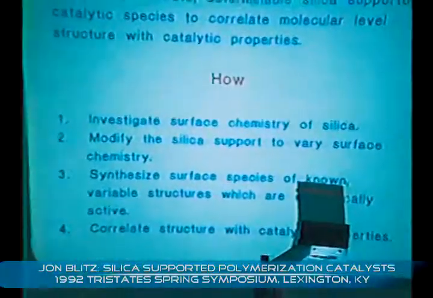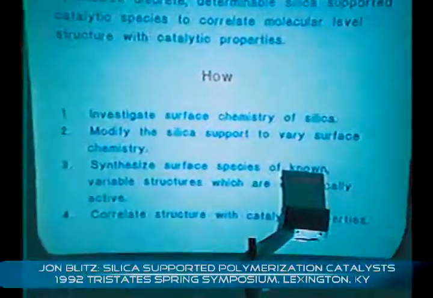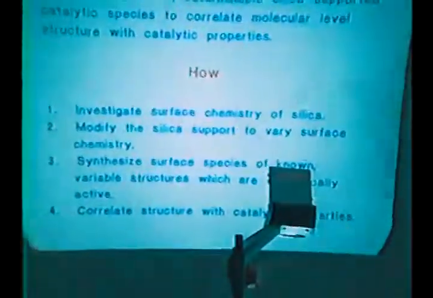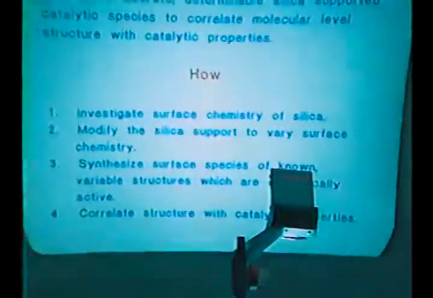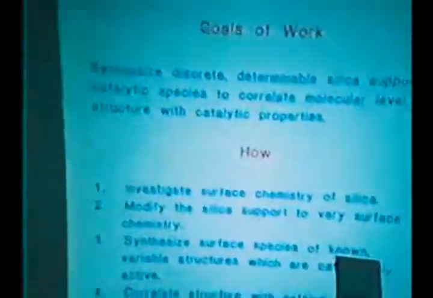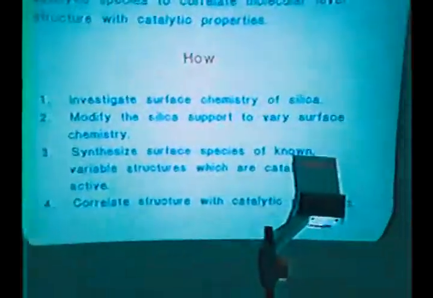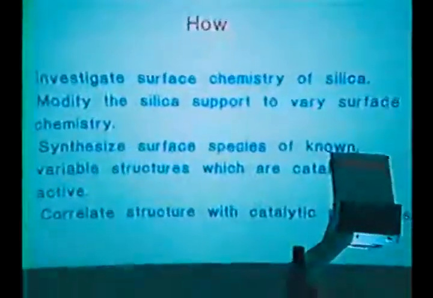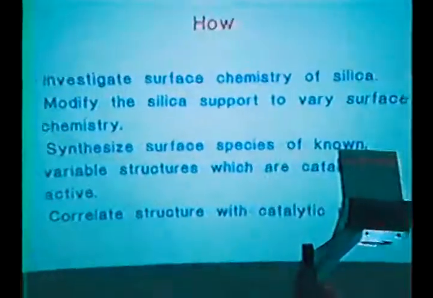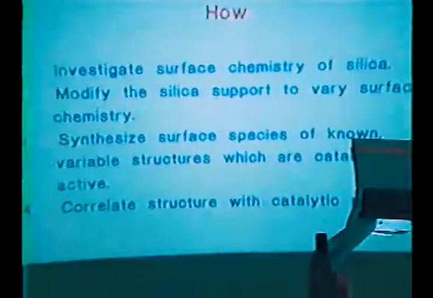What kind of functional groups are on there to do chemistry with? Then I want to modify the surface chemistry of silica by various treatments in order to change those functional groups for subsequent reactions. In this way, hopefully, I can synthesize species of known surface structure and vary the structure in order to correlate the structure with the catalytic properties. That is the road that I'm going to take.